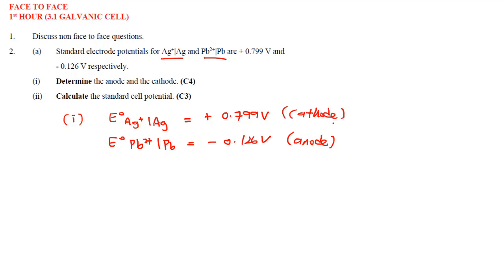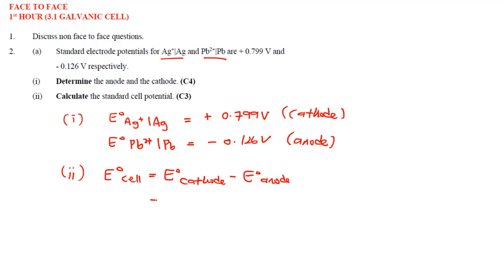Okay, dan next tu dia suruh calculate kita punya standard cell potential lah. Okay, this is quite straightforward. Okay, standard tu ada E0 tu. Standard cell potential is equals to E0 cathode minus E0 anode.